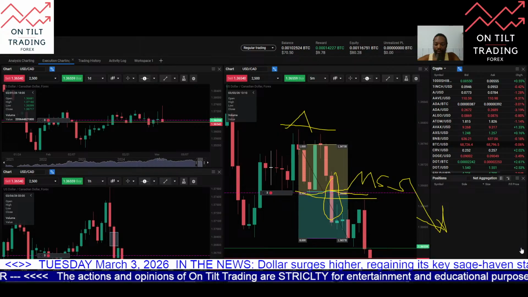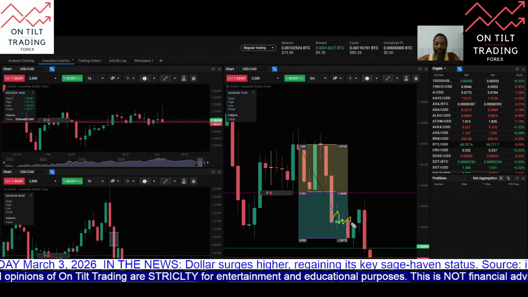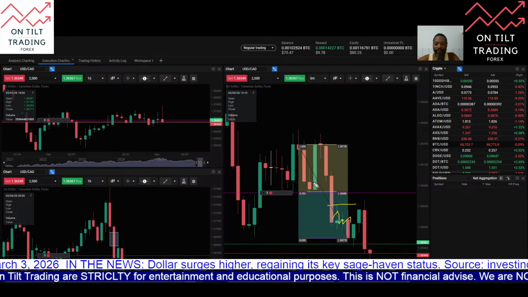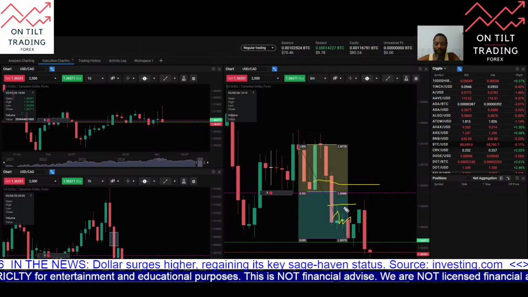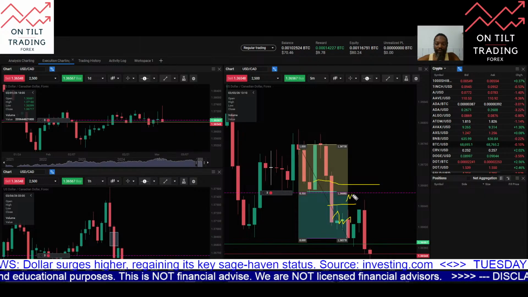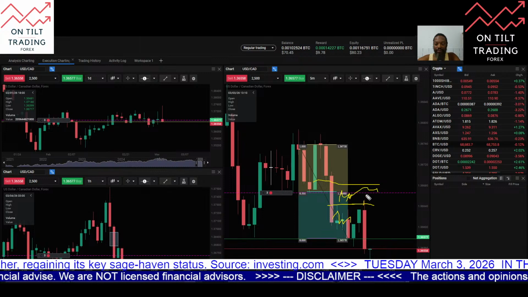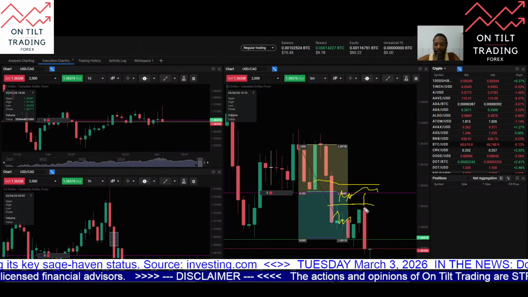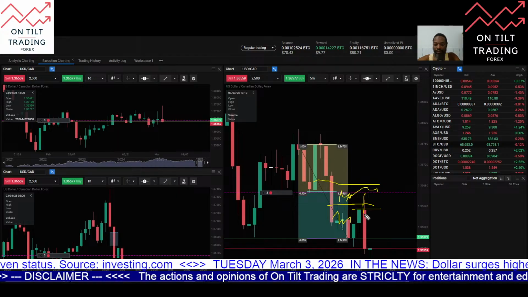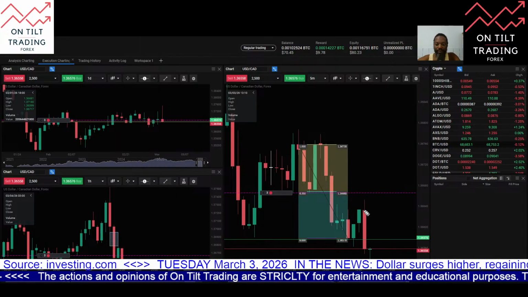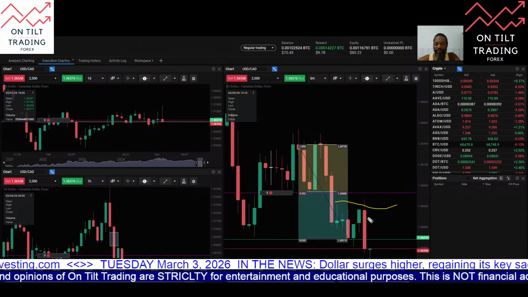And then since then, price has consolidated, put in this bearish fair value gap here, and price has actually traded back into this bearish gap here and closed below the gap.